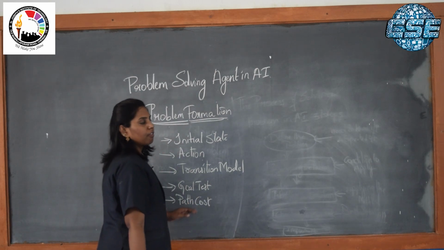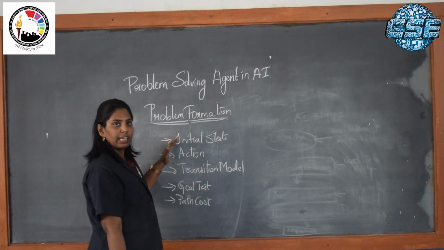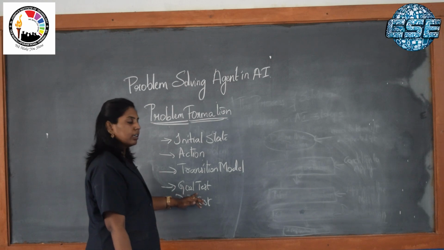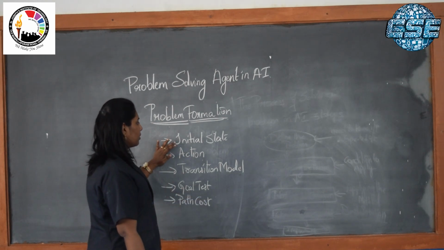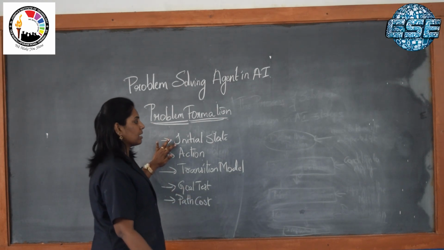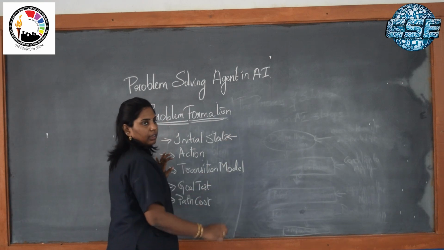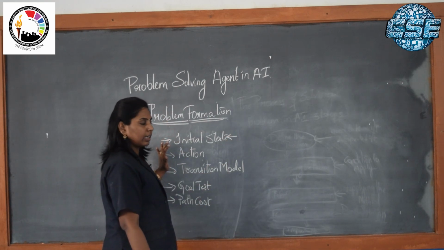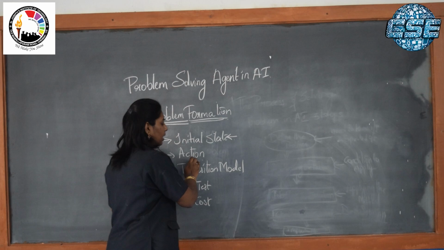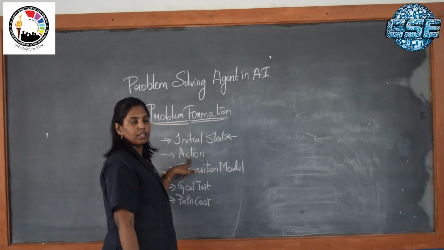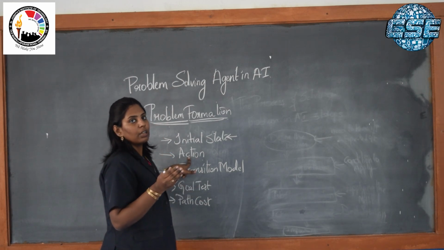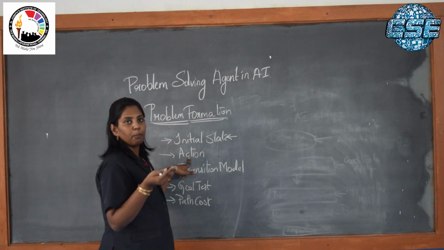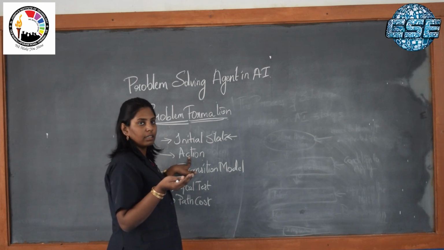To solve a problem, we have to check each state so that we get the goal state. First one is initial state. Initial state is nothing but the question that we are getting. Next is action. Action is nothing but the moves, the total number of moves we are going to take to get the result.